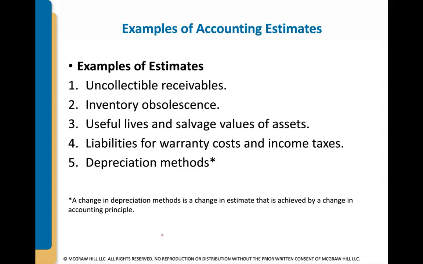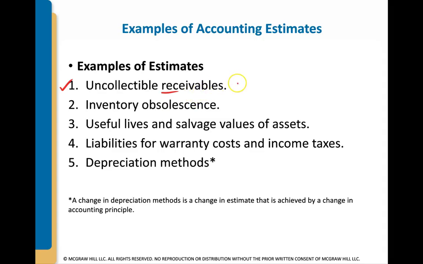Let's talk about examples of change in estimate, or estimates in general. A company estimates their uncollectible receivables, right? They might say X% of our receivables are uncollectible, and they record an allowance for doubtful accounts and their bad debt expense.